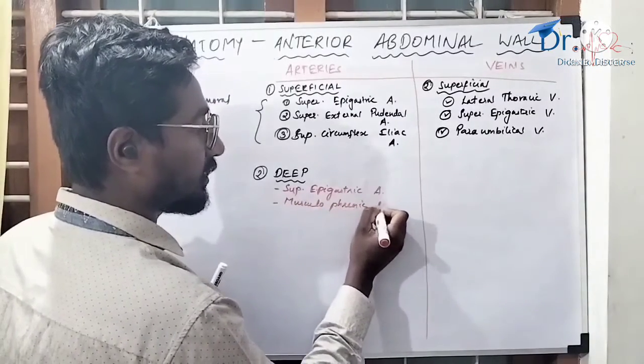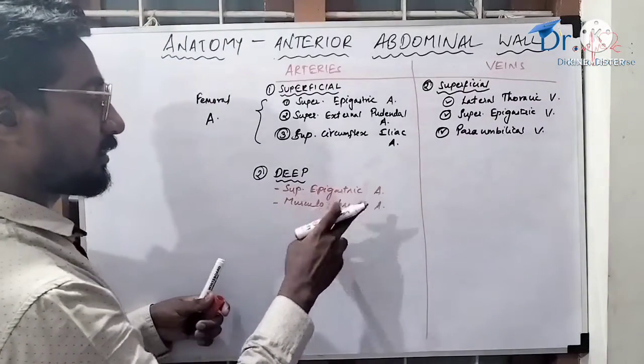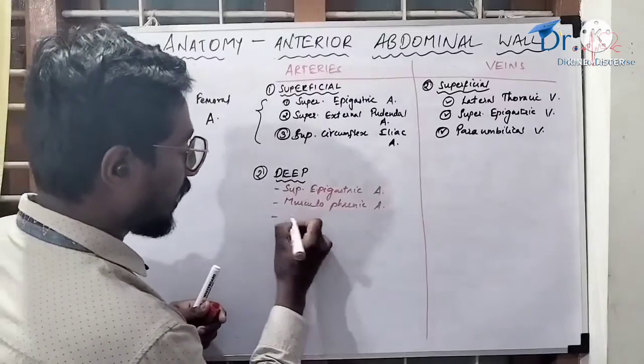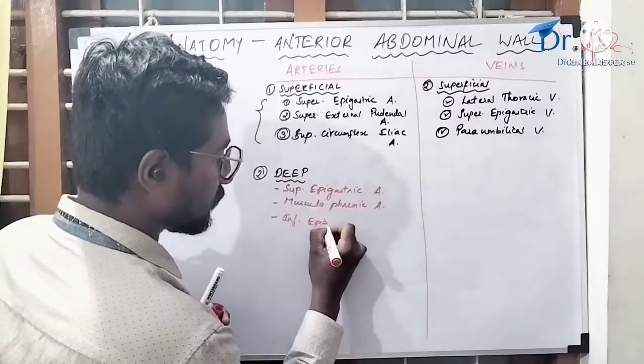Phrenic is the Latin name for diaphragm. So you have the superior epigastric artery, the musculophrenic artery, and the inferior epigastric artery.